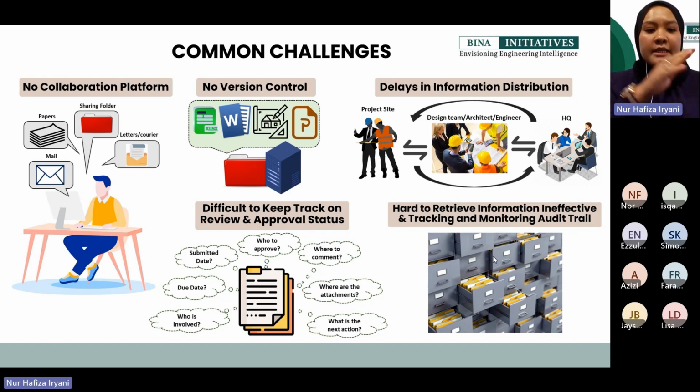All the files are tied with rubber bands and stacked up to the ceiling. And then, oh, not enough space. Need to buy more storage just to keep the paper files. So this kind of traditional way is very troublesome.